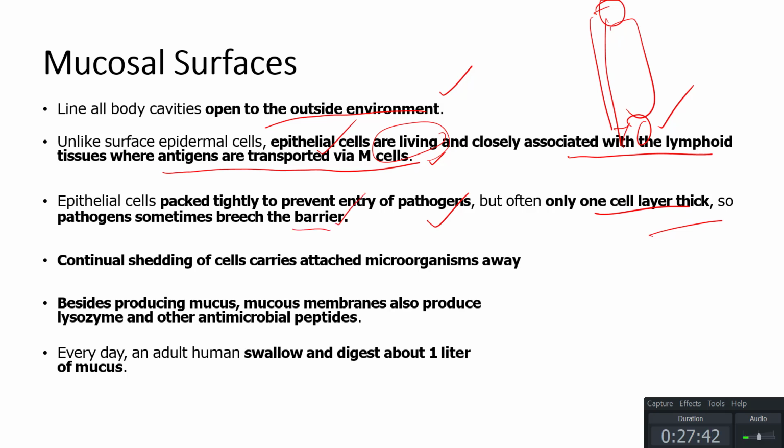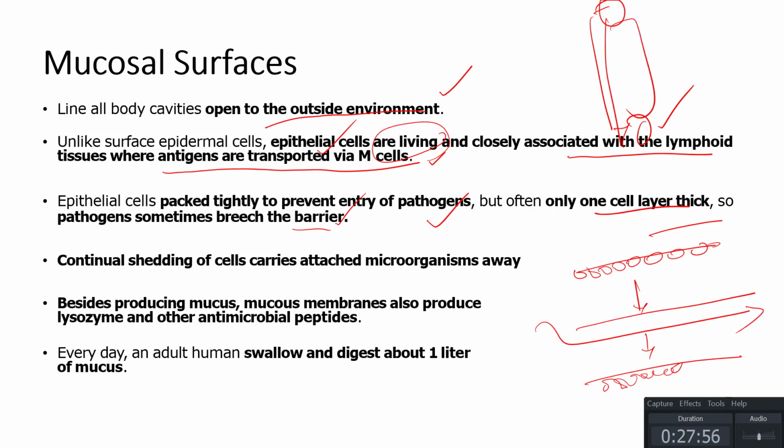So pathogens sometimes breach the barrier, so there is continuous shedding of the cells. If one layer is there like this, then it will be removed, then another layer of cells will be formed, so it will be removed continuously. Besides, mucous membranes also produce lysozyme and other antimicrobial peptides, and every day an adult human can swallow and digest about 1 liter of mucus.